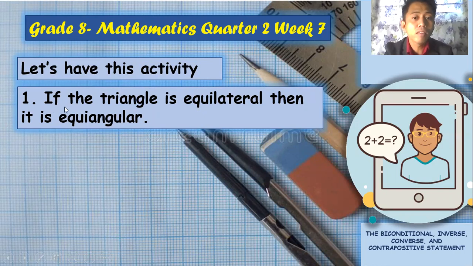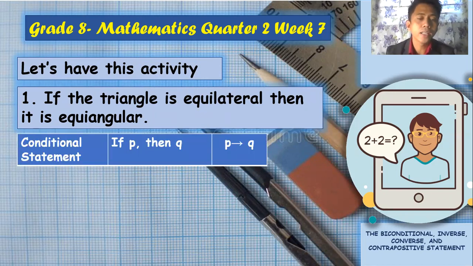Therefore, since this is an if and then statement, this is a conditional statement, right? We have the word if followed by P. What is our P? The triangle is equilateral. This is our P. Then we have the word then followed by Q. What is our Q? It is equiangular.